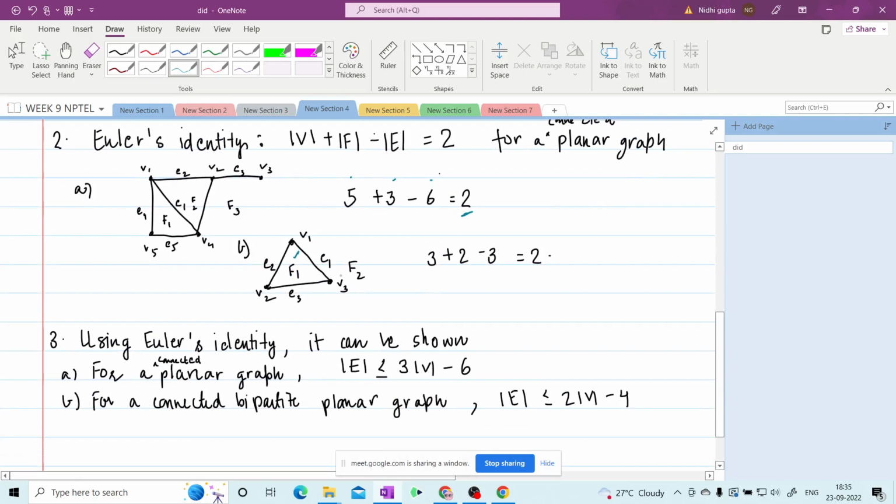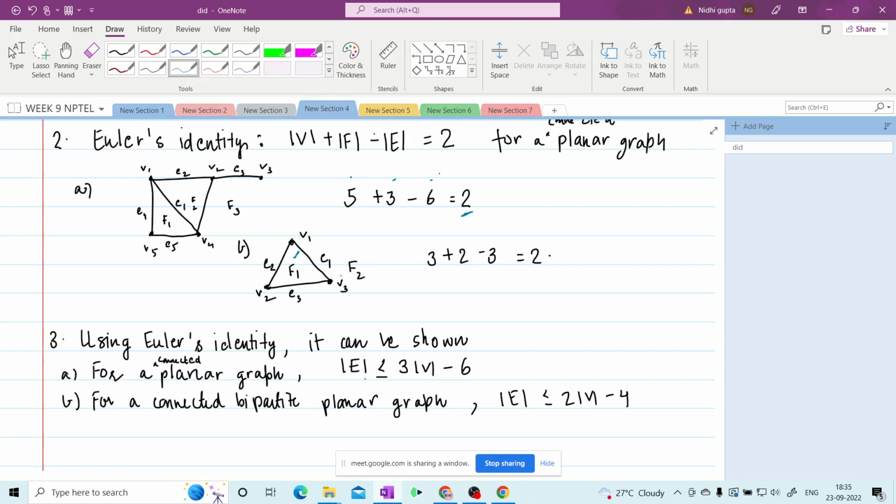And using Euler identity and some calculations, we saw in the lectures that if we have a connected planar graph, we have an upper bound on the number of edges. That is, the total number of edges should always be less than or equal to 3 times the number of vertices minus 6.